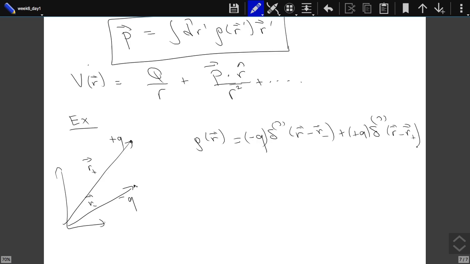So this is our charge density. Of course, due to the properties of this Dirac delta, it is 0 almost everywhere except on these 2 points. And if you integrate this over a region that contains this charge only, you get minus q. If you integrate it over a volume that contains this charge only, you get plus q.